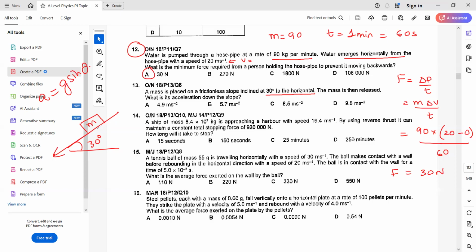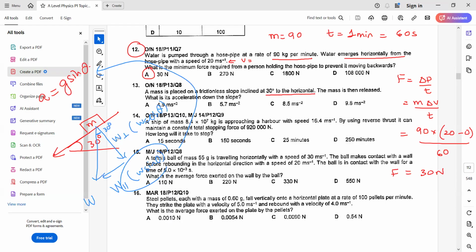So the reason for this is if let's say we have this as the weight. So we can split this weight into two components. This would be the perpendicular component, that's actually W cos theta, since this is 30 degrees. And this would be the parallel component, that would be W sine theta. So this brings this object down.